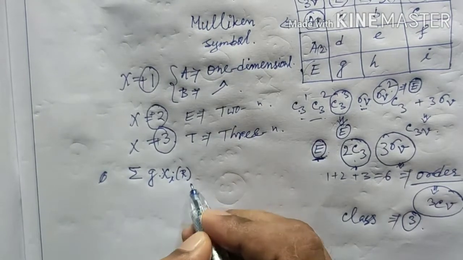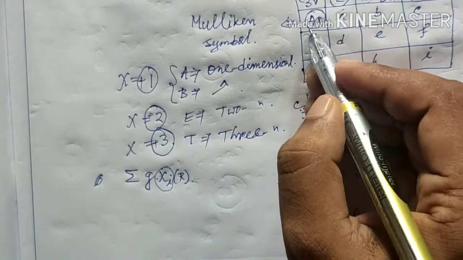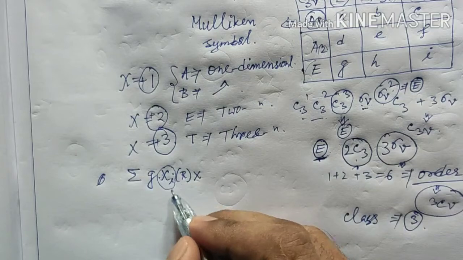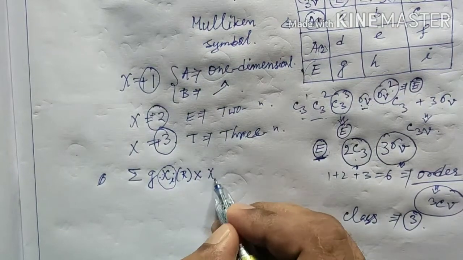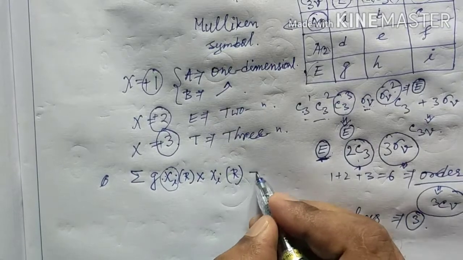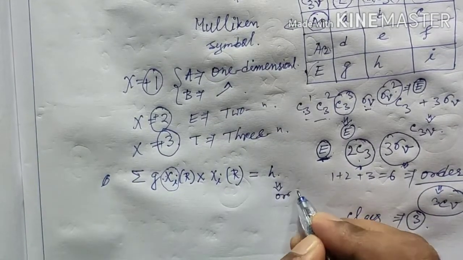That is summation over g into chi i squared. This is the character corresponding to the ith irreducible representation, and if we multiply it with the same character of the same irreducible representation, it will correspond to h, that is the order of the group.